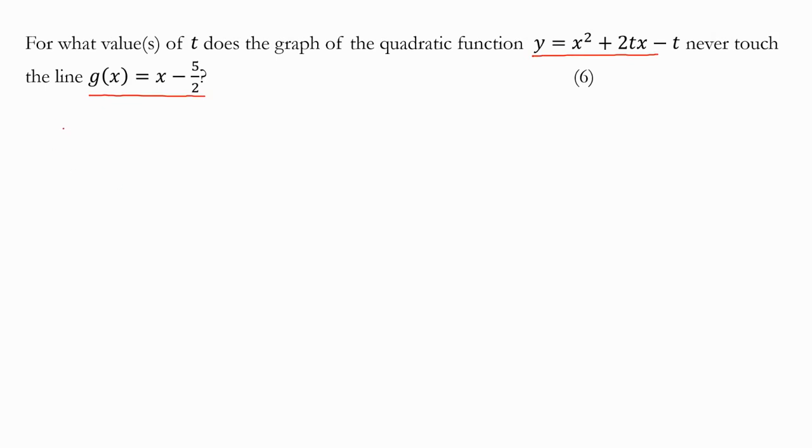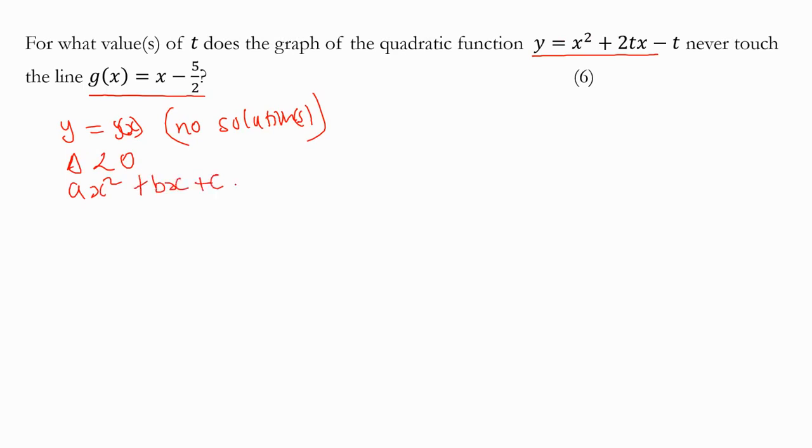Okay, so it means y is equal to g of x will have no solution, meaning that the discriminant is less than 0. Let's write this equation in standard form, ax squared plus bx plus c is equal to 0.